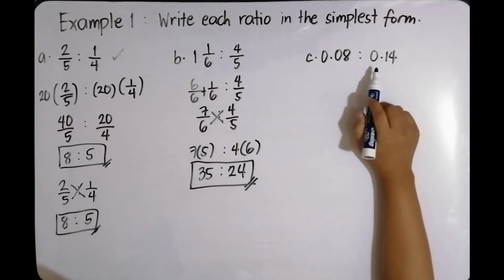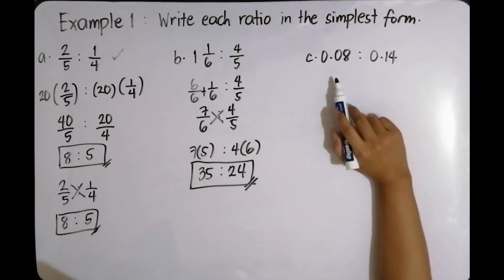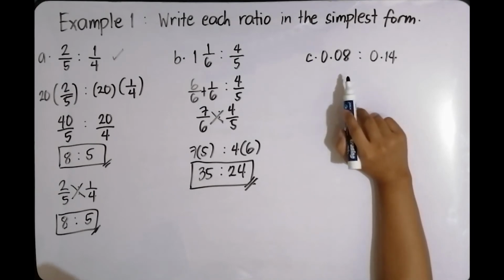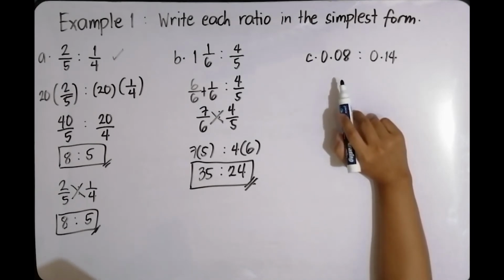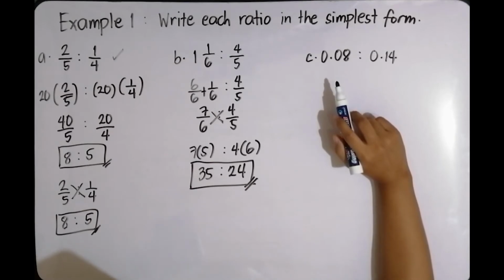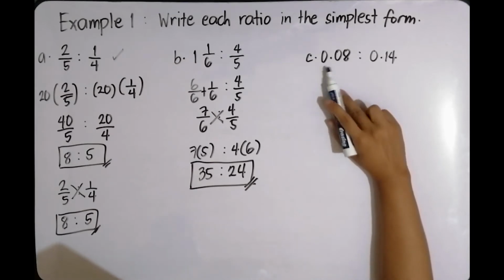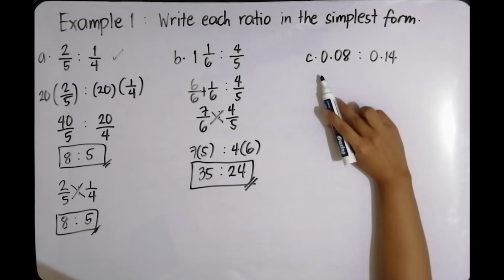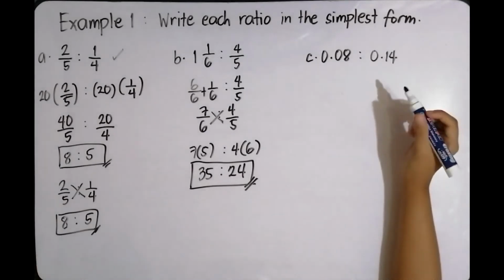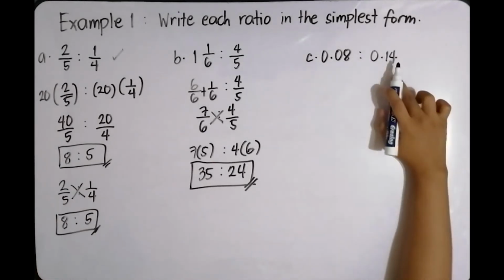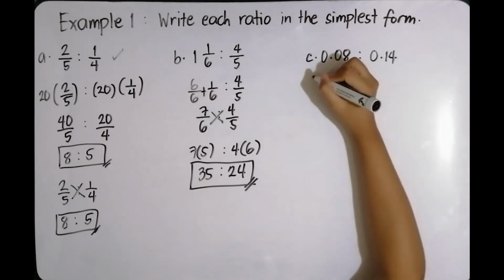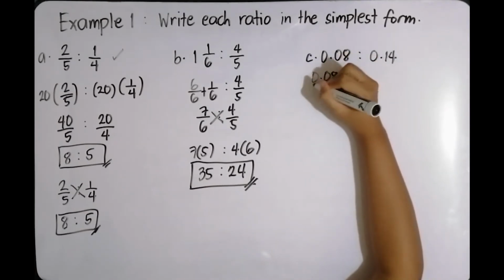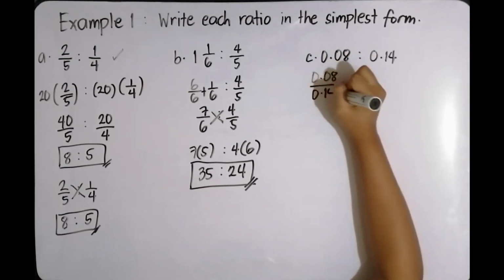This time we are given decimals, so we need to write the equivalent form without the decimal, and of course simplify. Since we have decimals, we can write it in fractional notation: 0.08 divided by 0.14.